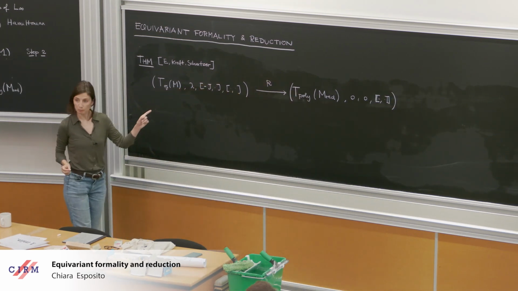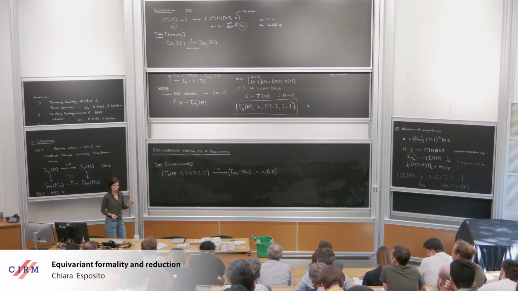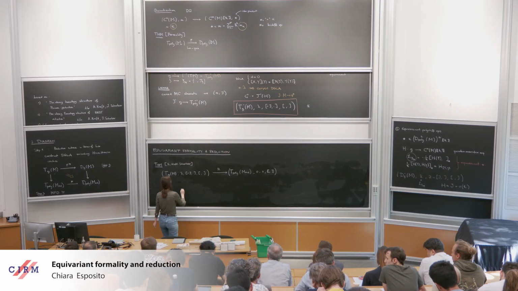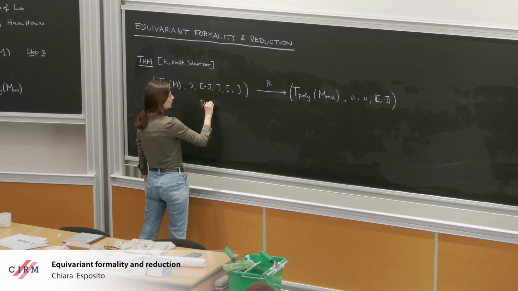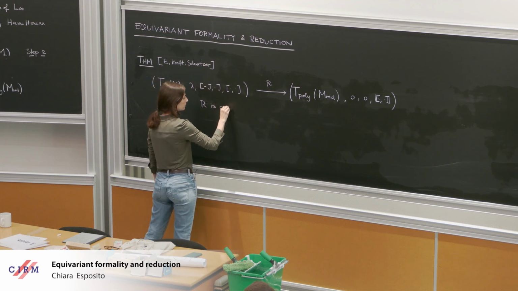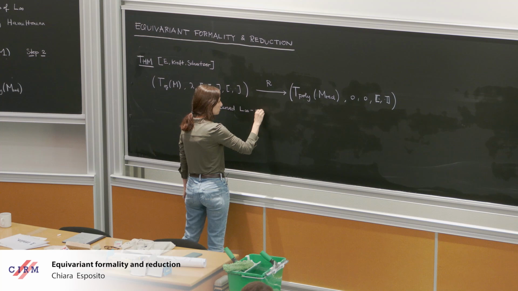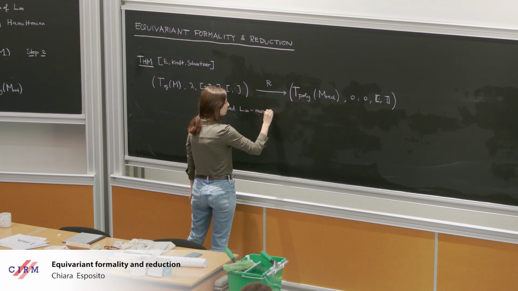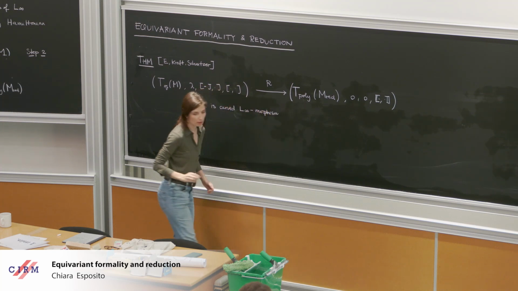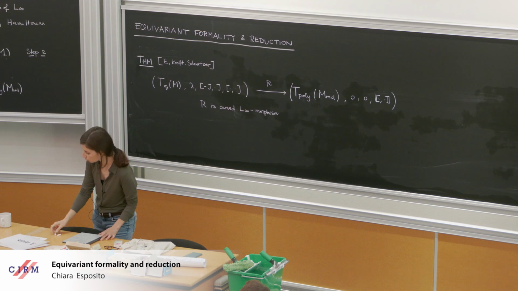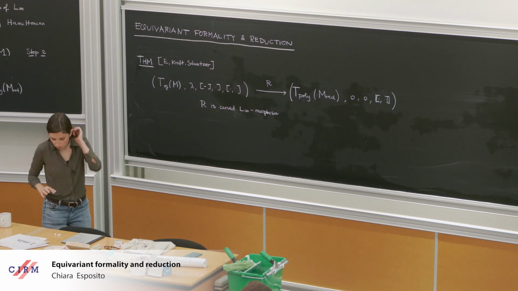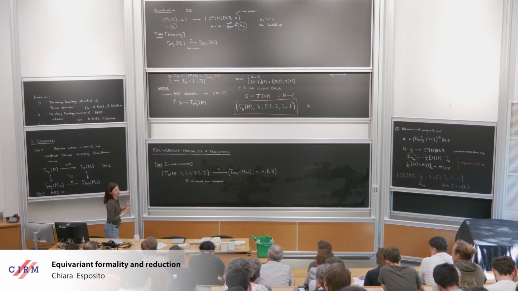So this R is a curved L-infinity morphism. Okay, I don't have time to prove it, but I just want to sketch a little bit the strategy.